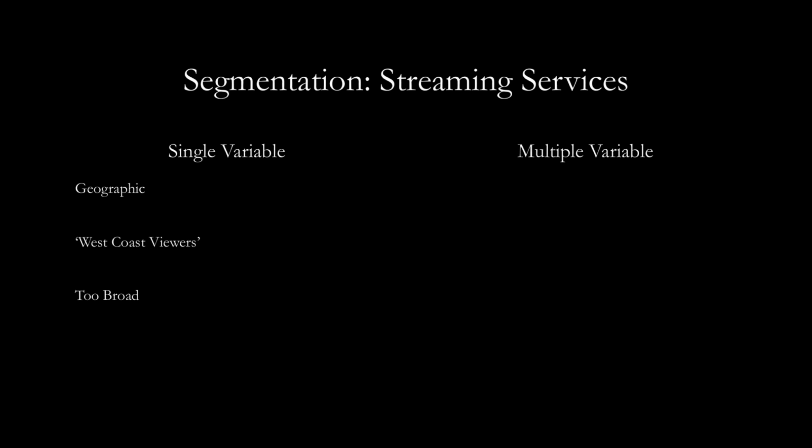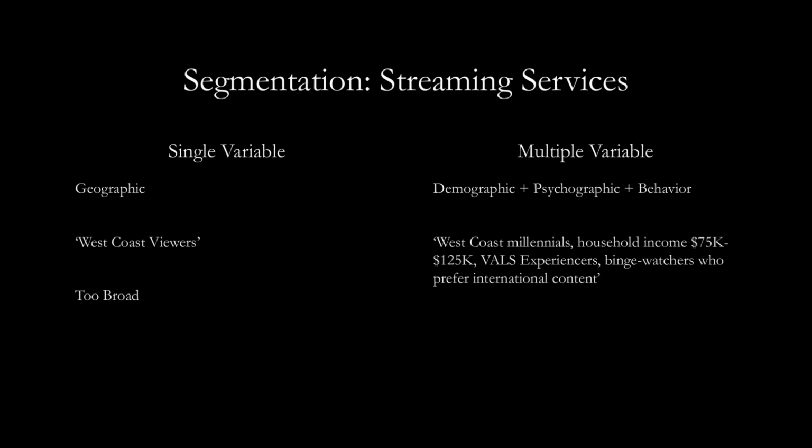If we use a multivariable approach, let's say demographics plus psychographics plus behavioral, now we have West Coast millennials, household income $75,000 to $125,000 per year, VALS experiencers, binge watchers who prefer international content. This is a precise and actionable segment. Netflix can create a highly targeted marketing mix for this specific segment.